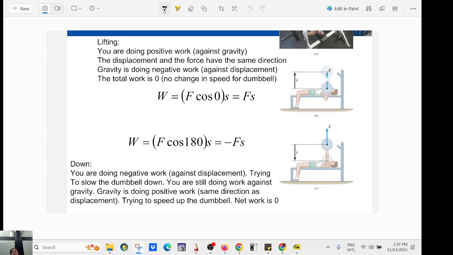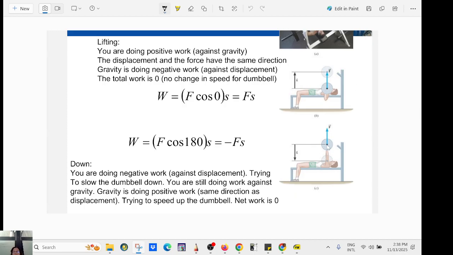This force is trying to increase the kinetic energy, and gravity is trying to slow it down. If he moves at a constant speed, what's going to be the net work? If there is no change in speed, the net work will be 0. Very good, right? If the speed does not change, the net work is 0.